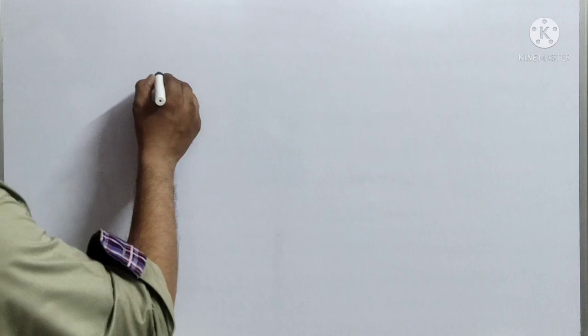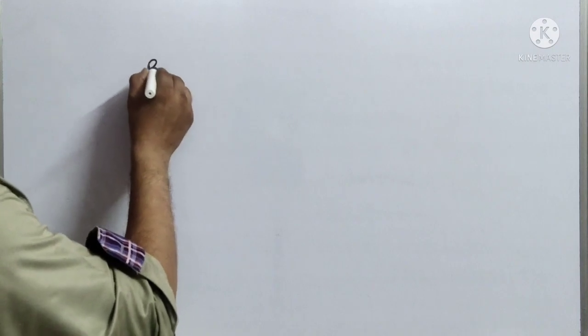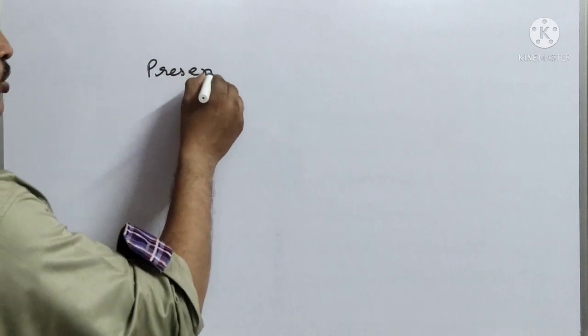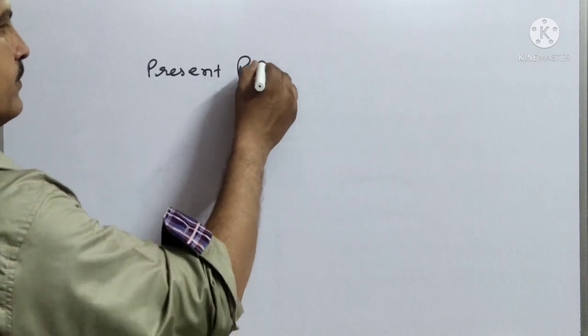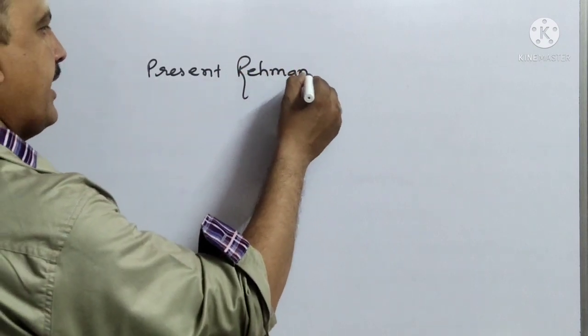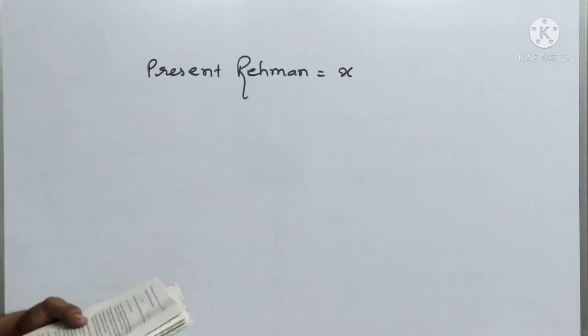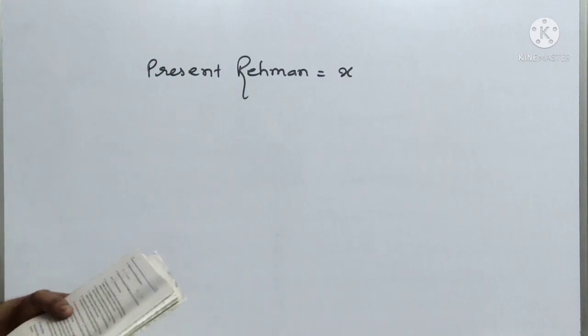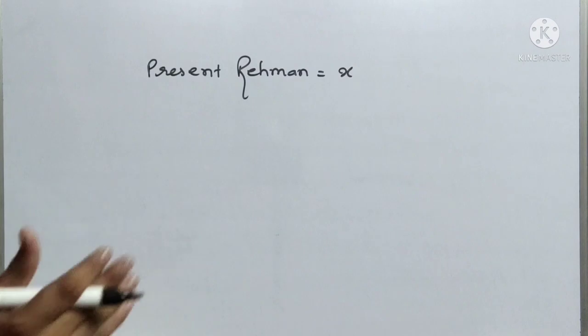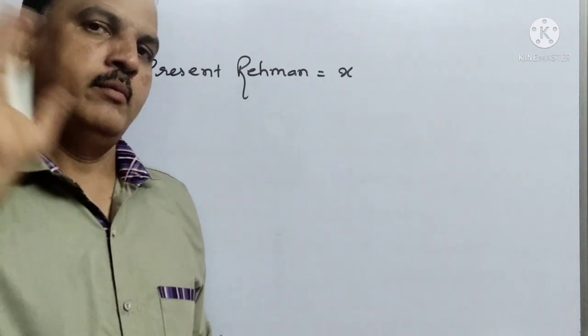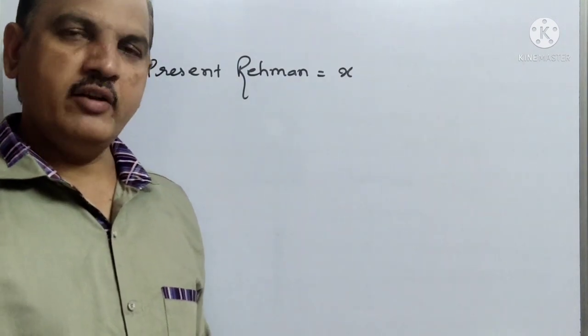Present age of Rahman. That means present age of Rahman we don't know. That is x. Okay. Here two cases are there. One is Rahman's age 3 years ago. Ago means what I told you? Backwards.